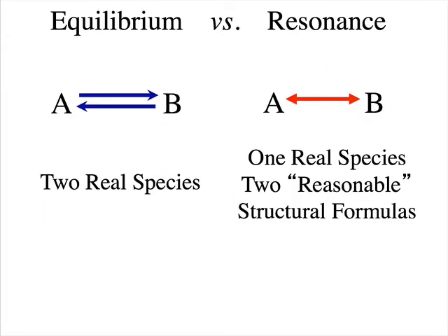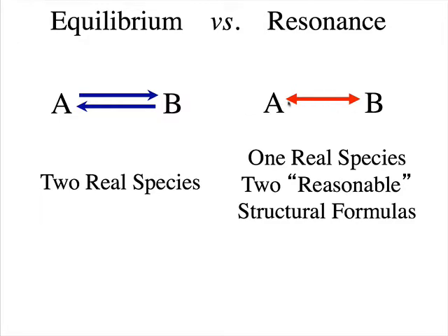Okay, so just to summarize, equilibrium is when we have two real species and we can alternate between the two. There's a pathway that lets us convert from one species to the other, from a reactant to a product. In resonance, we have one real species. There's only one molecule. There's not two.